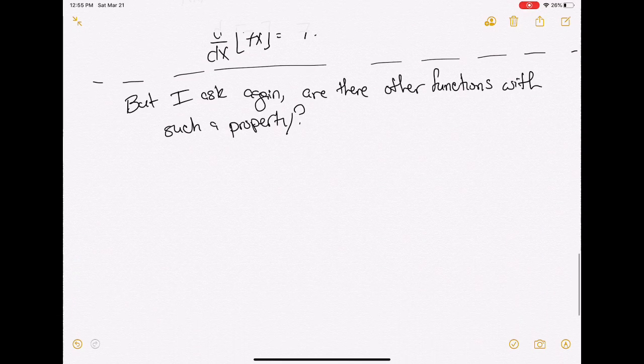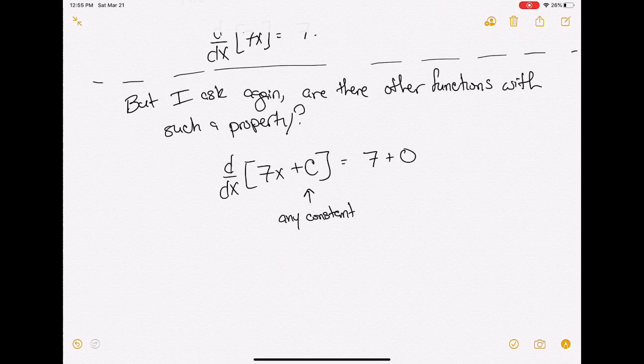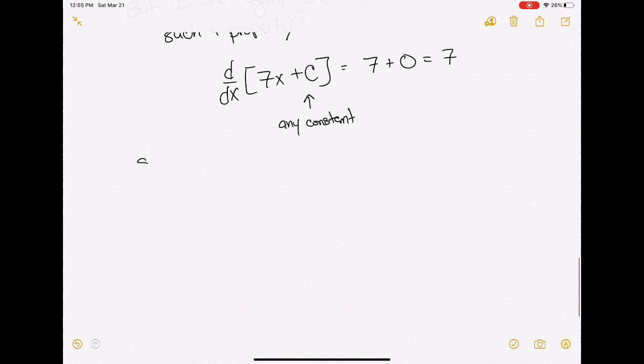And you would tell me d dx of 7x plus c, where once again c is any constant. Since the derivative distributes onto the 7x and the c, we really get 7 plus 0, which is, of course, 7 here. So really, the integral of 7 dx is going to be 7x plus c. And once again, this is any constant.